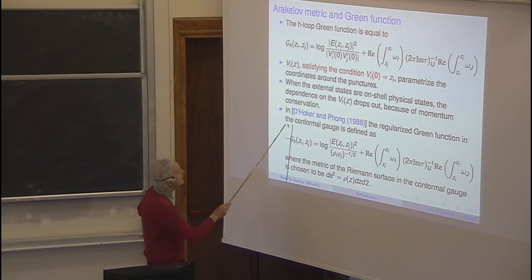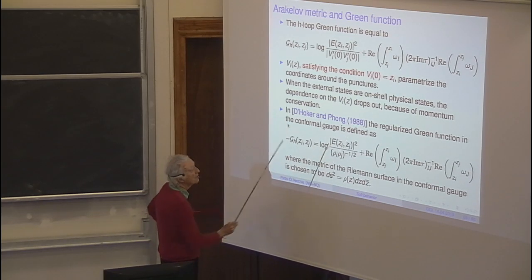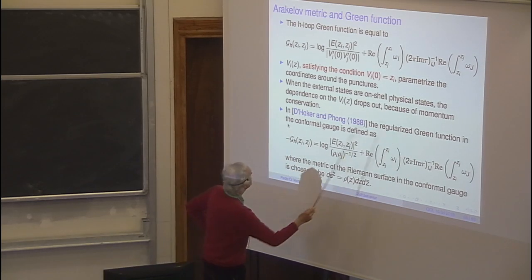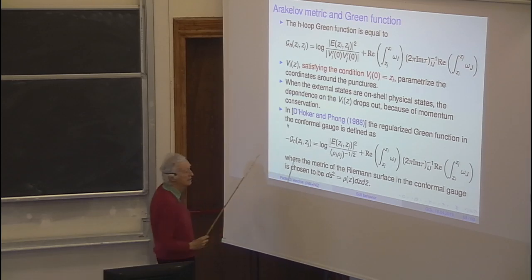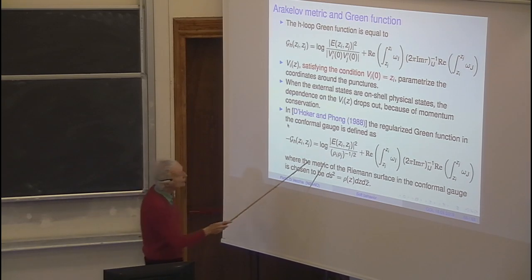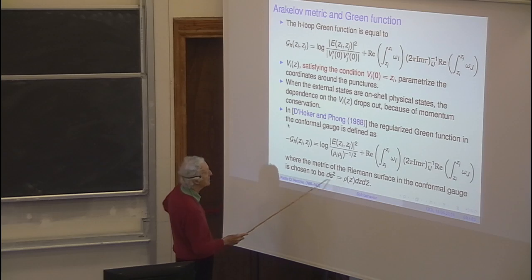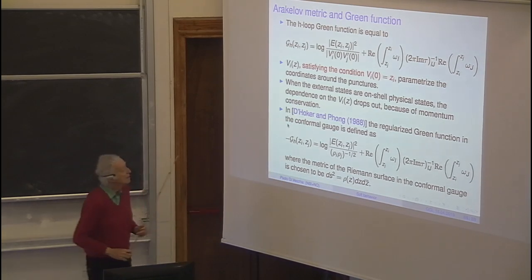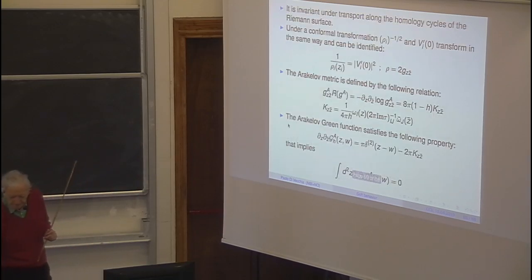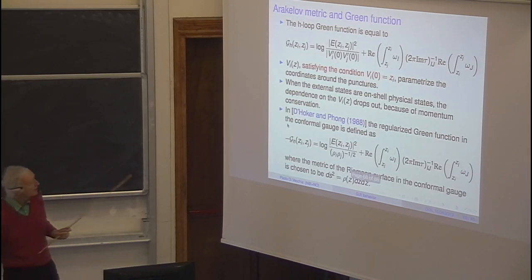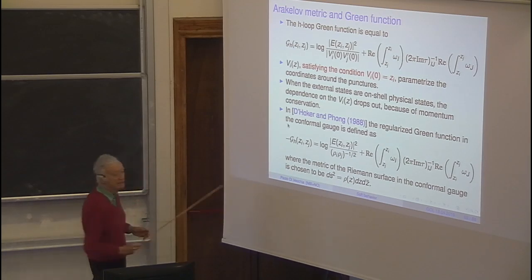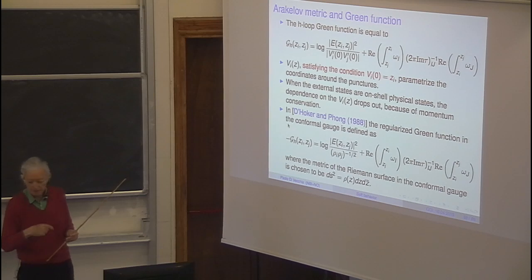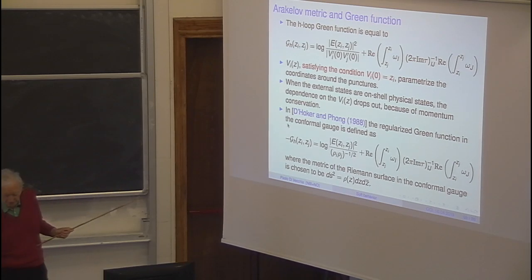Now, in the old review by D'Hoker and Phong, the regularized Green's function in the conformal gauge is given by this expression, where this rho is the metric of the Riemann surface in the conformal gauge. And this Green's function is invariant under the transport along the cycle of the Riemann surface.